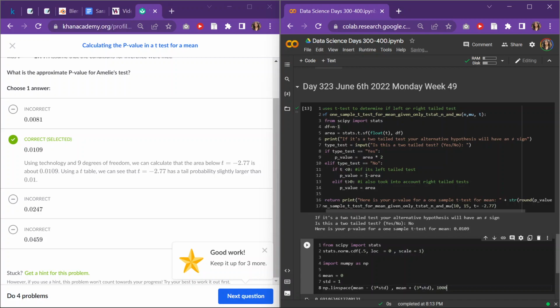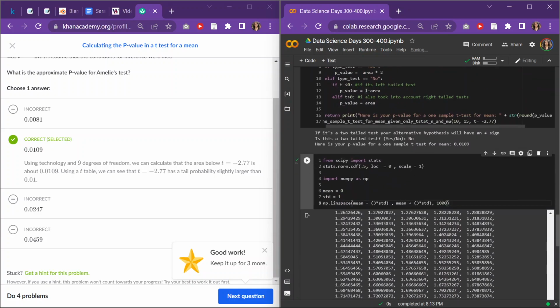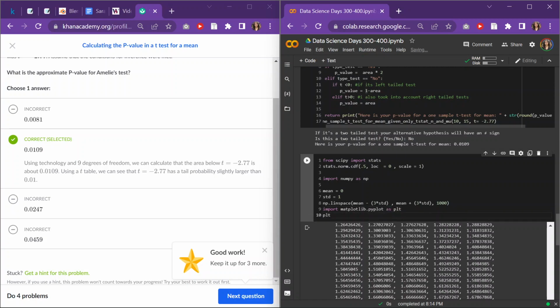And then I want 1,000 values in between. Okay, perfect. And then I'll import matplotlib.pyplot as plt, and I'll do plt.plot. Actually, hold on.